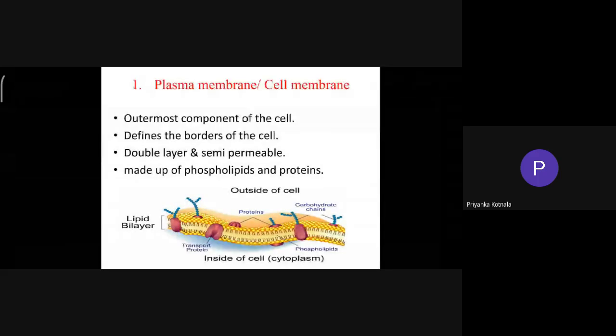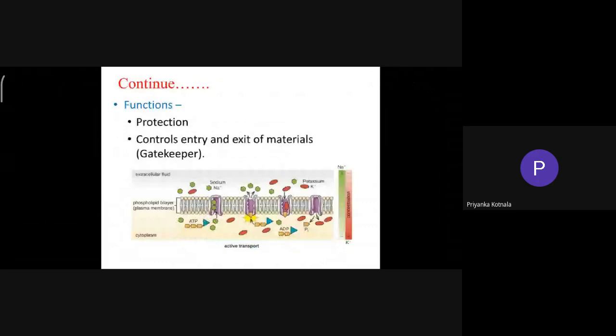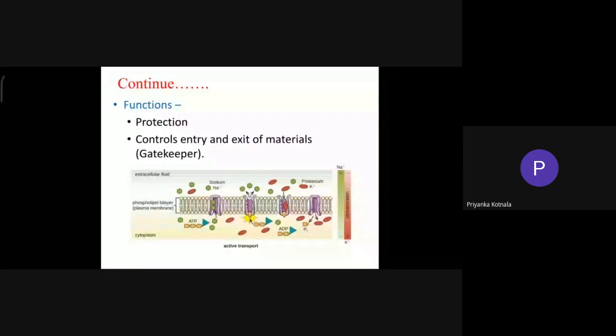Done. Yeah. So we will proceed. Now we will go further for the functions of cell membrane. First and foremost function of cell membrane is protection, which controls entry and exit of materials. Means gatekeeper. We have understood earlier that only certain materials can proceed in and out because it is mechanized, it is already processed in that way only.